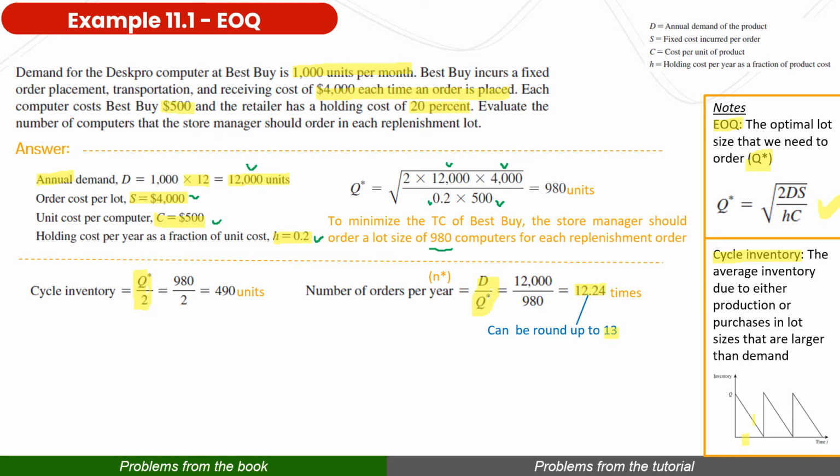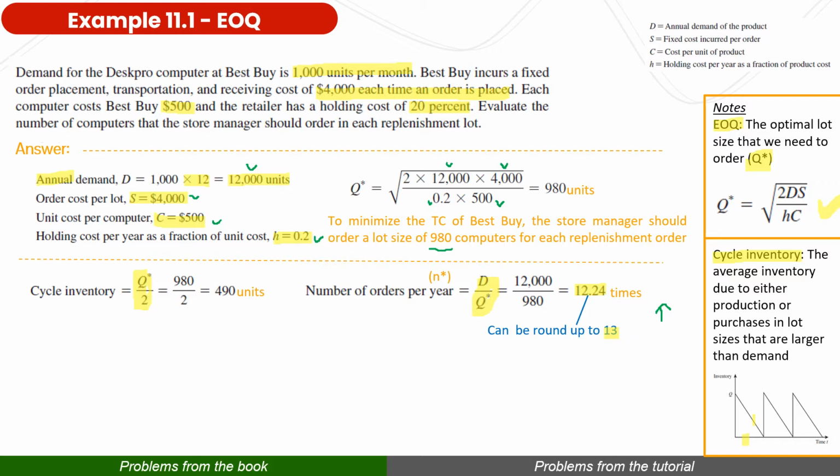For the number of orders per year, it is always rounded up, not below, even if the decimal is below 5. So as you can see here, 12.2 normally would be rounded to 12, but it is rounded up to 13, because it is better to have more than to have a stockout.